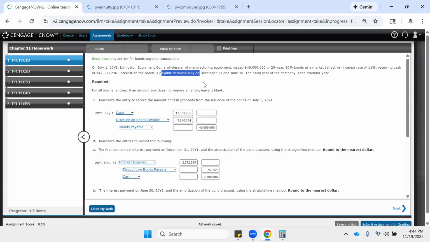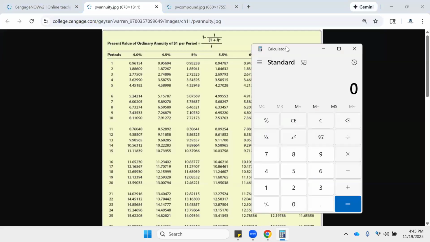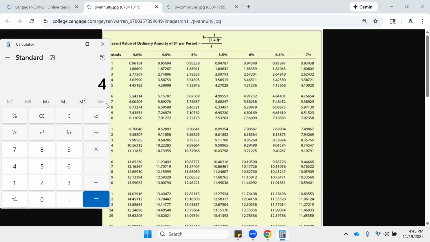How we effectively do that in these calculations is we increase the number of periods and reduce the interest rate that we use. So because we are calculating interest twice per year, there are 40 6-month periods now until the maturity date, and the interest rate every 6 months is 5.5%.